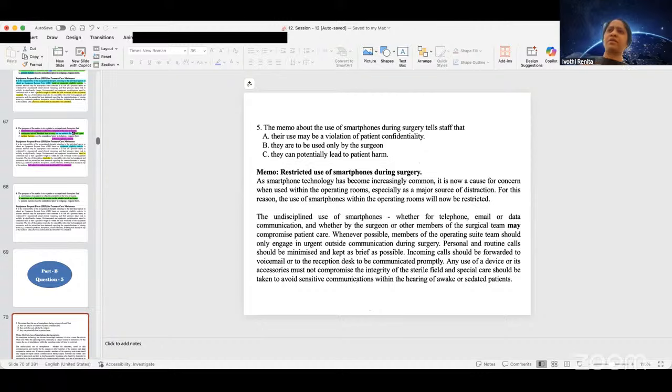Yes, Anita, you're right. May only means you cannot consider it as absolute. You have to read the text. Father told another example in my last session. The answer option says collection can only take place once their history has been taken. That was the answer, so I think it's the same.